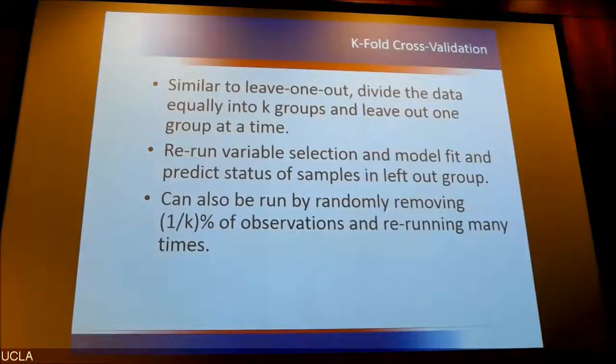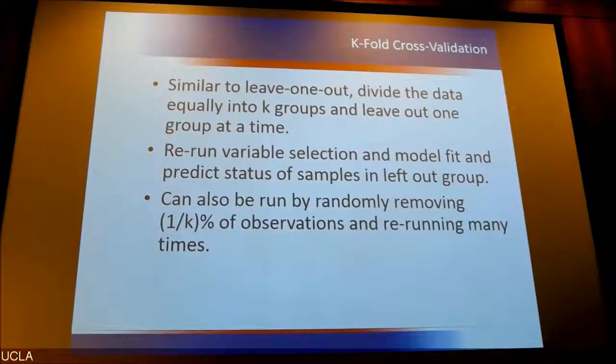The 5 and 10 are probably the most common types of cross-validation that we'll see. For 10-fold cross-validation, we remove 10% of our cases, run the model selection and model fitting process on the 90% of subjects left, and see how well they predict the remaining subjects.